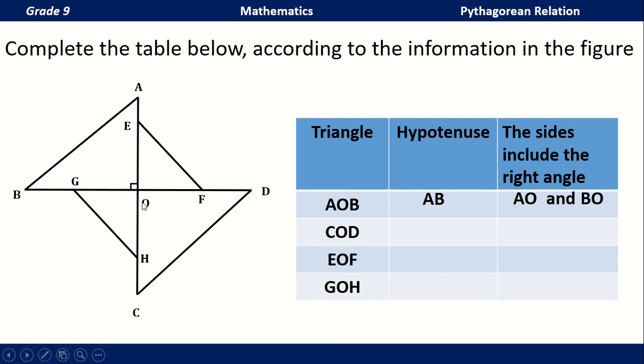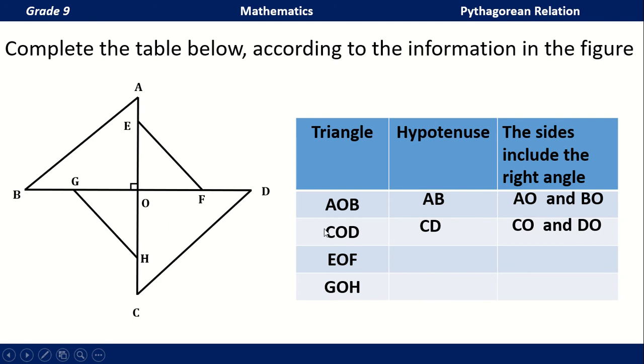So this is a right angle. Therefore, since the side opposite to the right angle is the hypotenuse, CD is the hypotenuse of this triangle. And as before, the sides including the right angle are CO and DO.